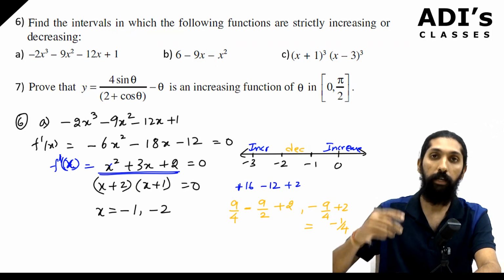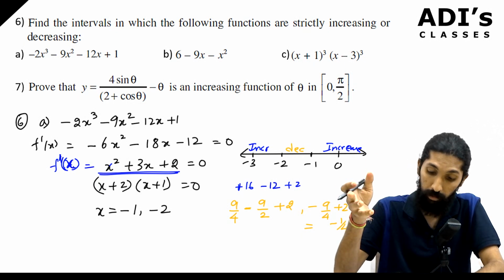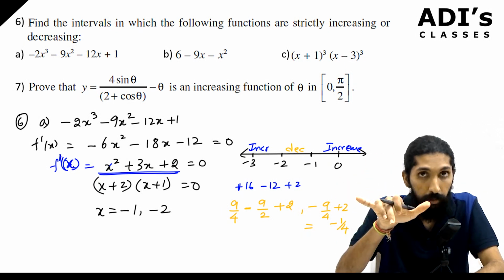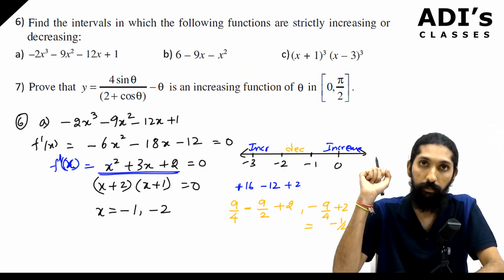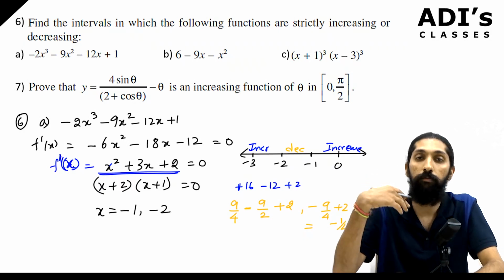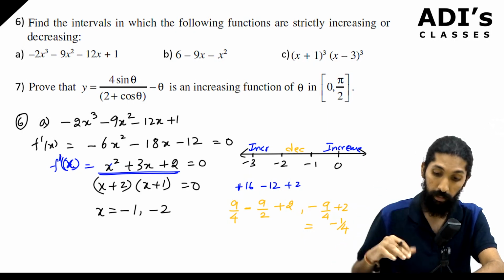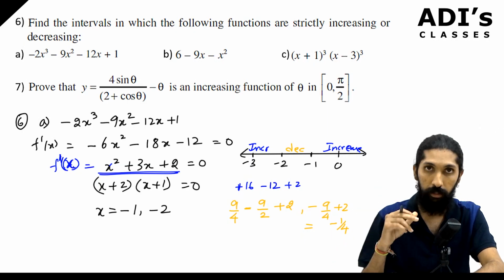So what do we get? Anything more than minus 1 is positive. Anything less than minus 2 is positive. In between we have negative. Isn't it? This is what we have. So we have increasing function, we have a set of interval. Decreasing function, we have an interval. So let's write down the interval for which it's increasing and decreasing. All right.